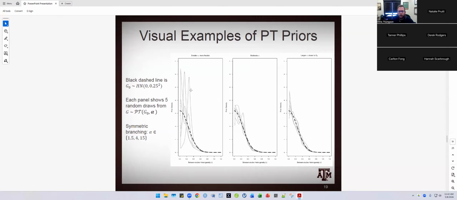And we can see here that as alpha becomes larger, we tend to have estimates of the prior distributions closer to what the centering distribution is, which in this case was a half normal. It's what this black dotted line is. So smaller alpha, you can have more deviation, larger alpha, less deviation, but you are still allowed to.